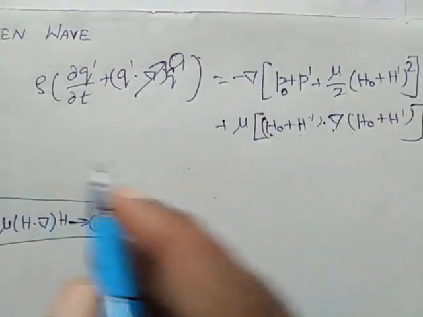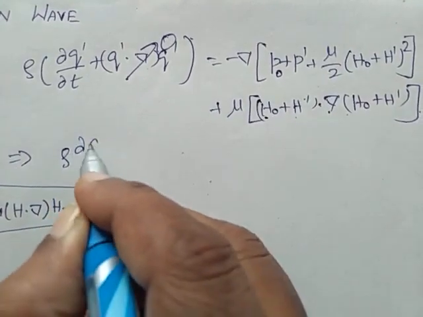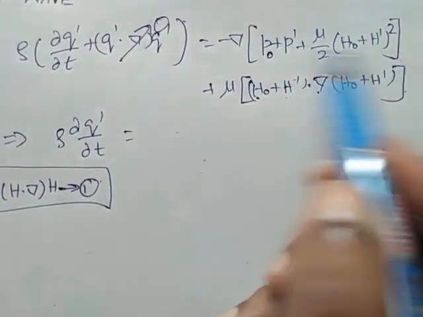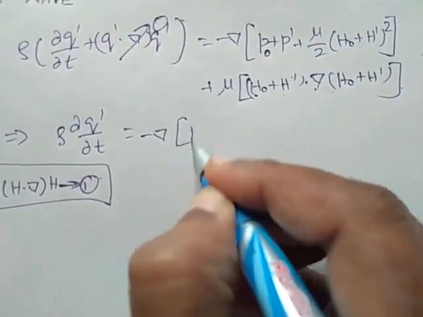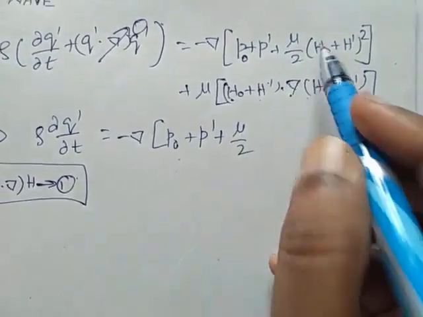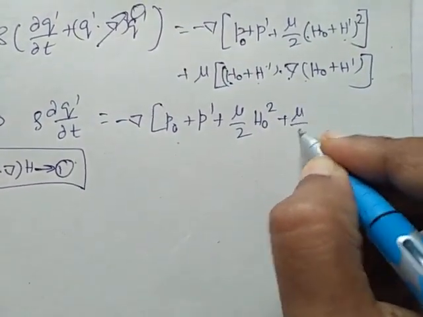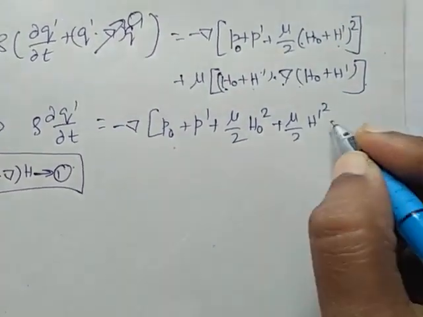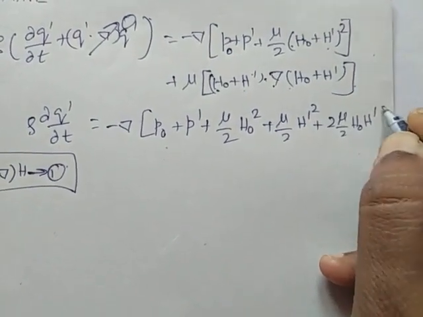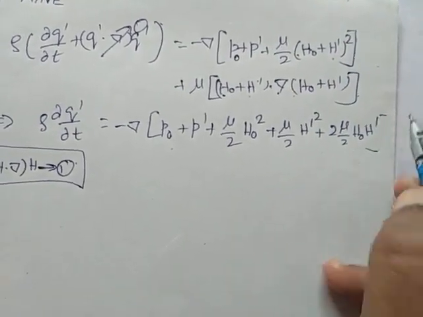So our equation becomes rho dou Q dash by dou T is equal to, I am going to split the terms, minus del P naught plus P dash plus mu by 2 (A plus B) whole square is A square plus B square plus 2AB. Here I have used the A square plus B square plus 2AB formula.